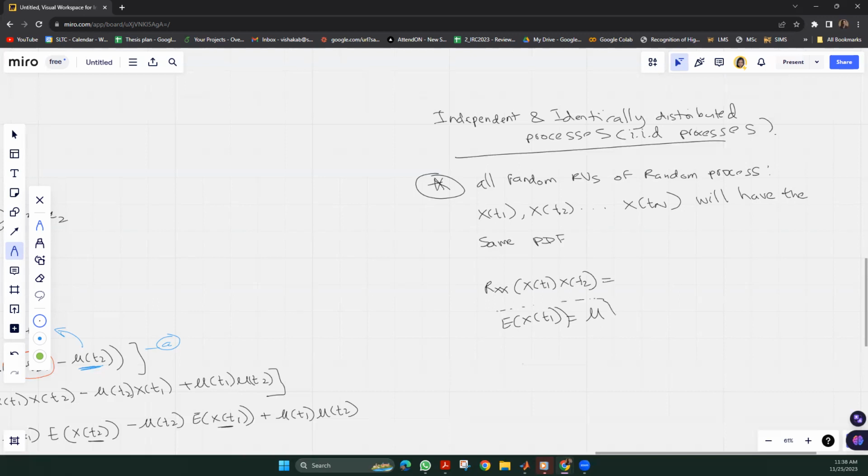We are going to consider a scenario where xt1 and xt2 are independent and identically distributed. If that is the case, can you tell me the value of the autocorrelation?